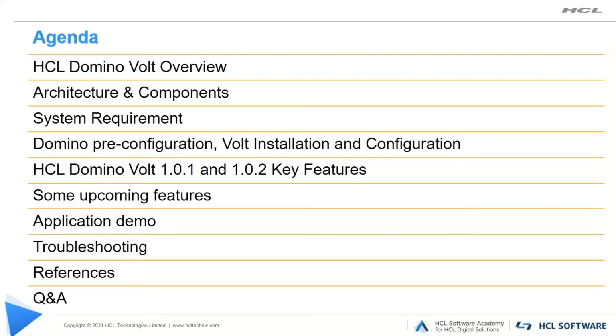We will discuss the pre-configuration from the Domino server side before you install Domino Vault, also the steps involved in installation and configuration of Domino Vault. We will see the key features of Domino Vault 1.0.1 and 1.0.2, and share some more information on upcoming features.